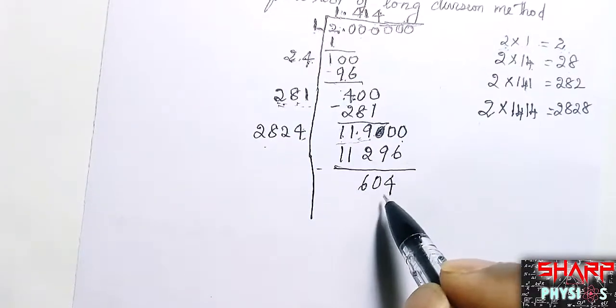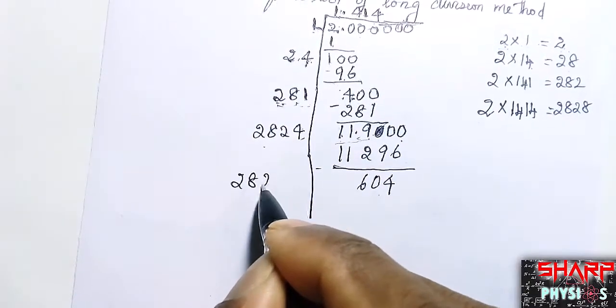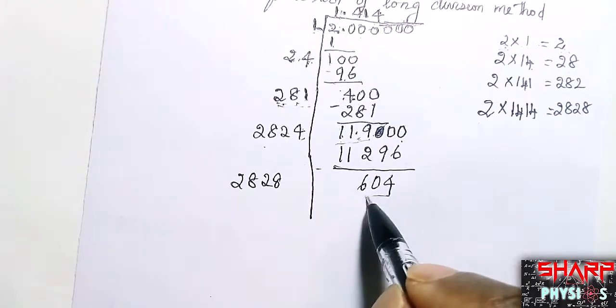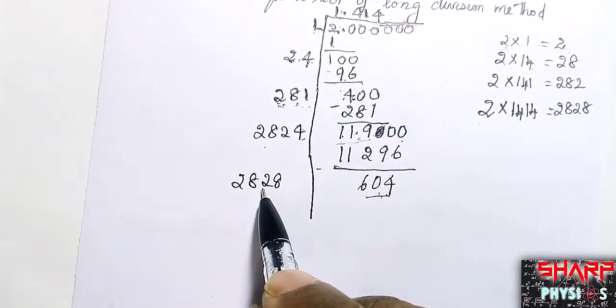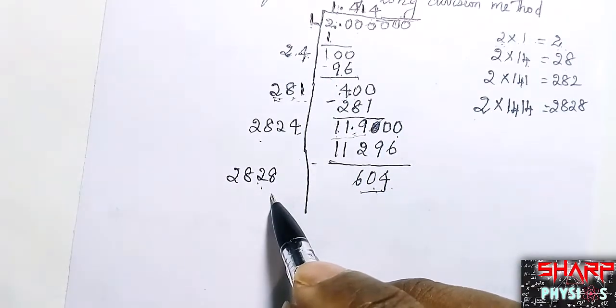This number 2828 you have to write here. And this number 604 is very much smaller than 2828.